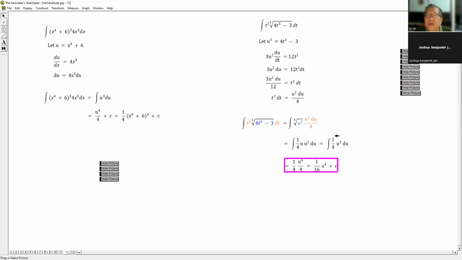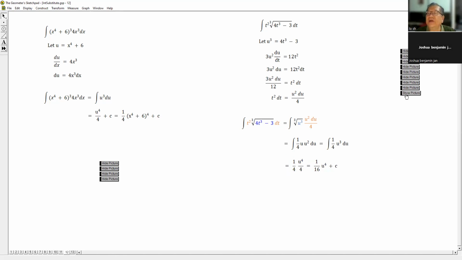Correct. So u cubed becomes u to the power 4 divided by 4. The 1 over 4, we didn't do anything, is still there. So when you simplify, the 4 and 4 is 1 over 16, u to the power 4 plus c.